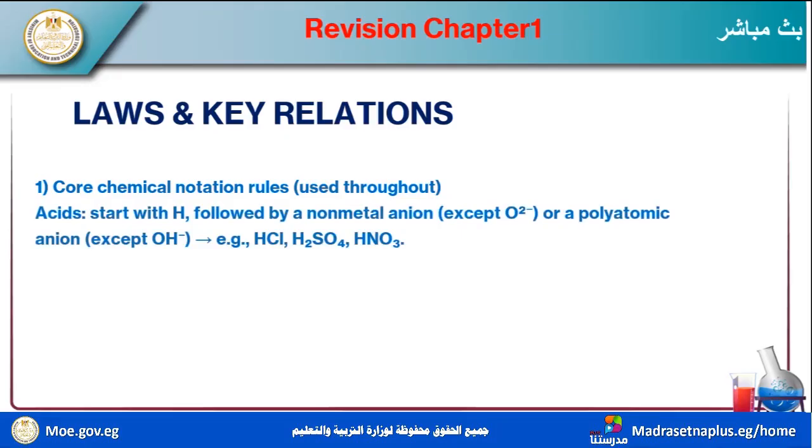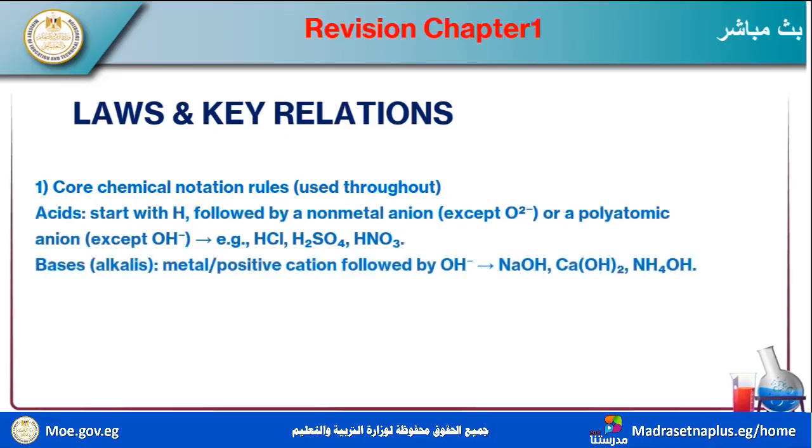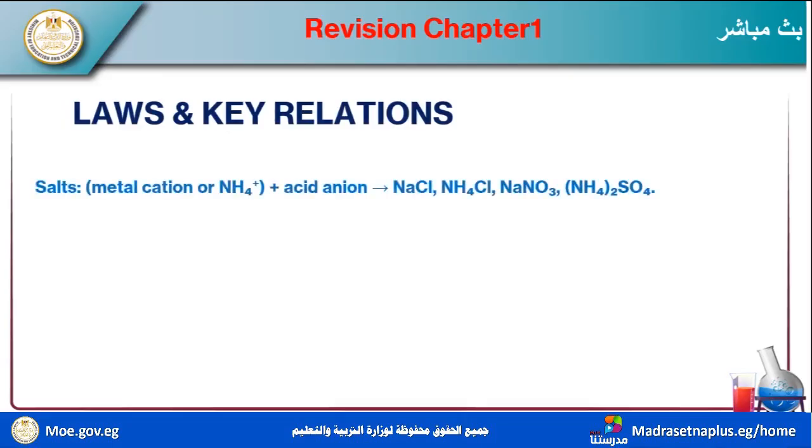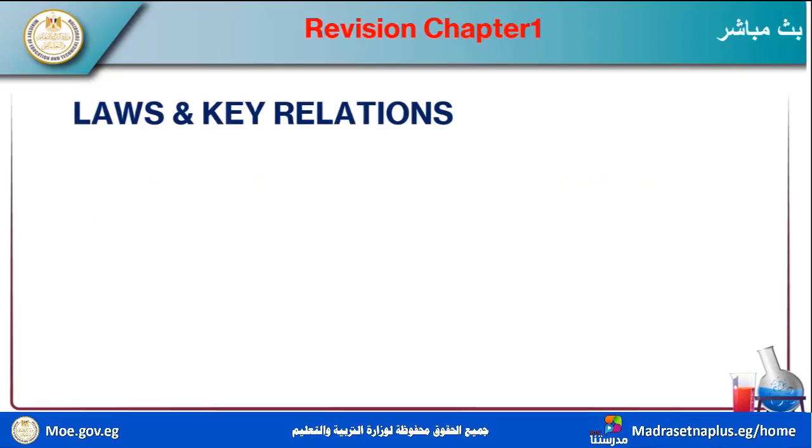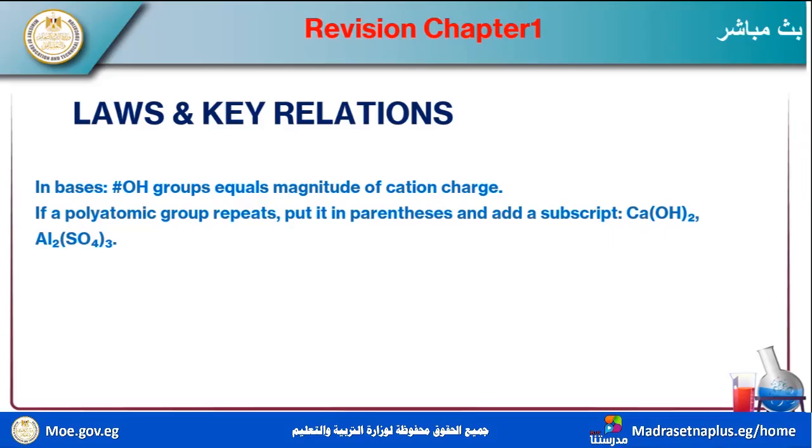An acid starts with hydrogen and a base ends with hydroxide. This is a summary of this law. And salts contain metals, like NaCl, NH4Cl, and NaNO3. This is an example from the last slides I studied here. In bases, the OH groups equal the magnitude of the cation charges.